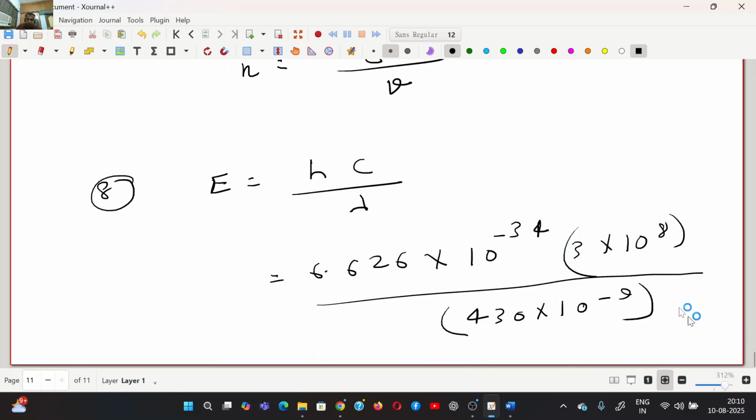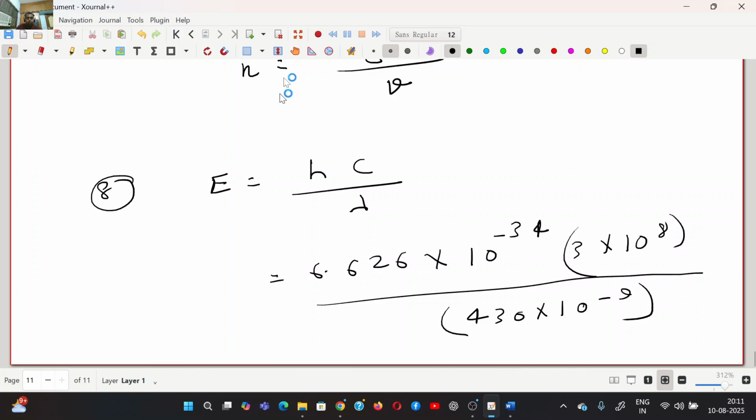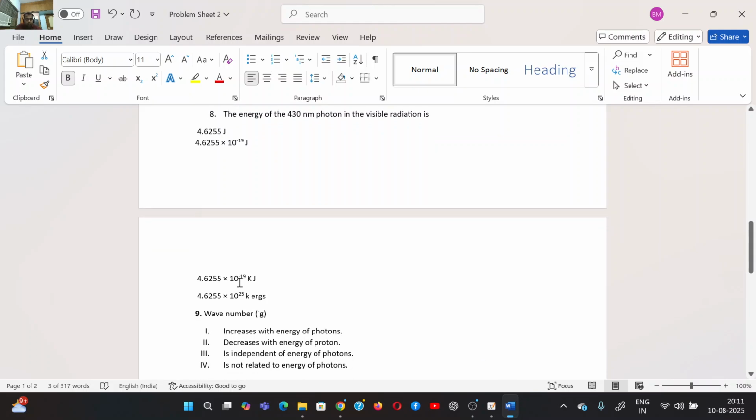So when you make the calculation, we get approximately 4.62 times 10 to the power minus 19 joule. And the option which matches it the most is 4.62 times 10 to the power minus 19.